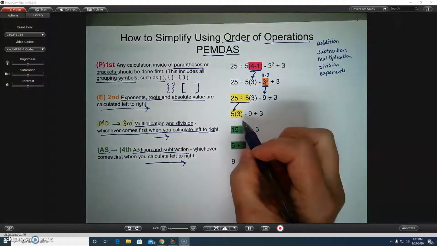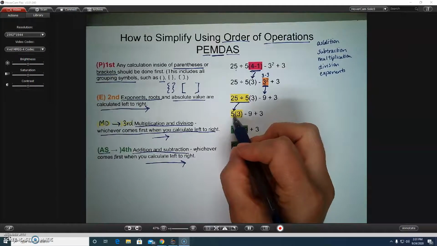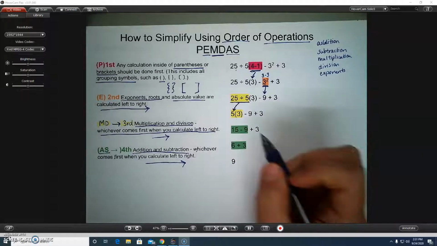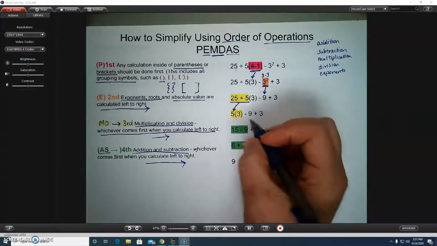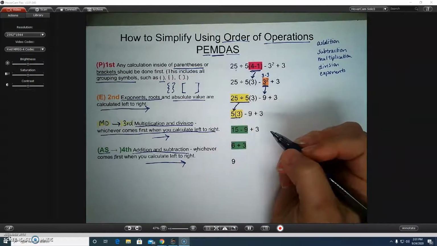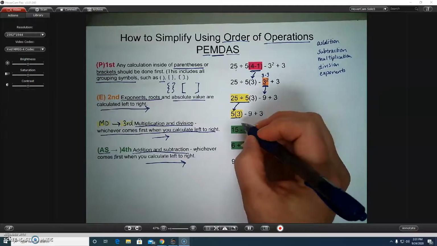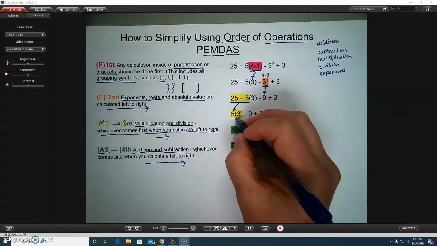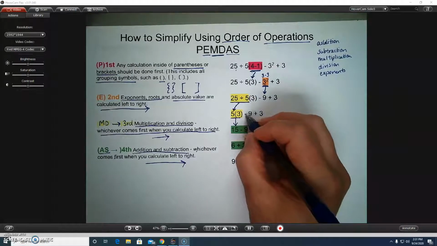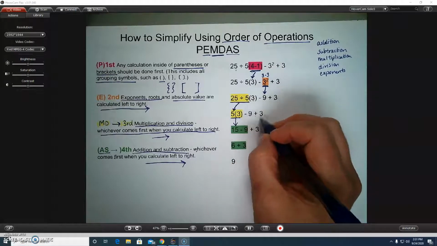So I still have this as multiplication. When I see a number right next to parentheses with a single number inside, then this is multiplication. And when I'm ready to take care of this right here, because it is all the multiplication and division I have left, starting from the left, 5 times 3 is 15. I once again bring down this subtract 9, add 3.